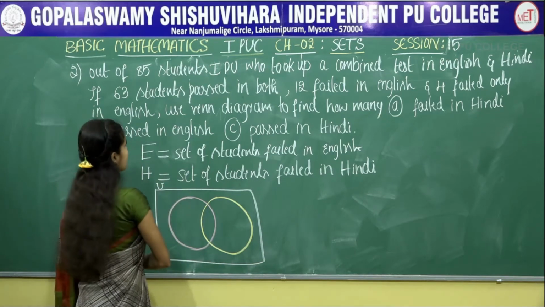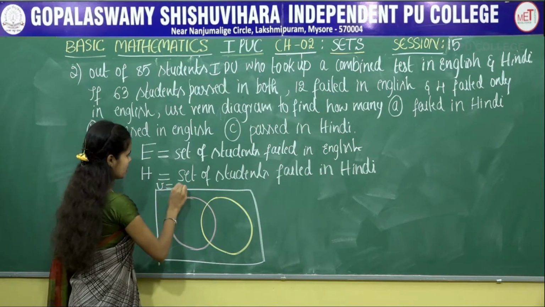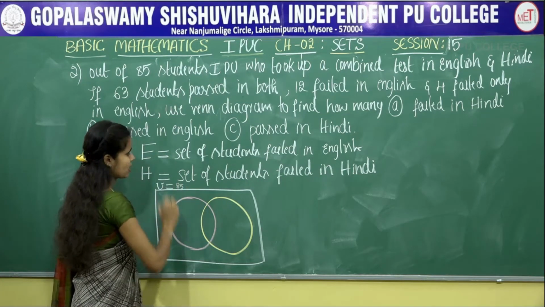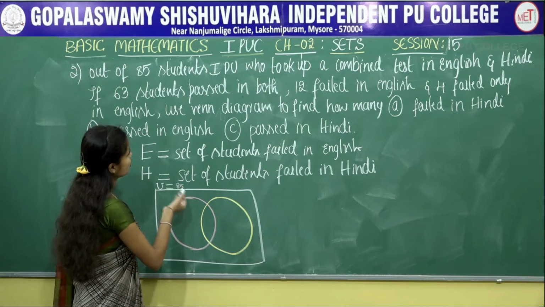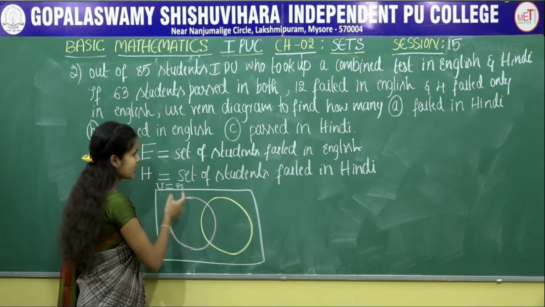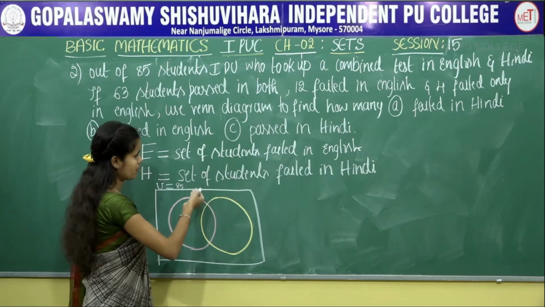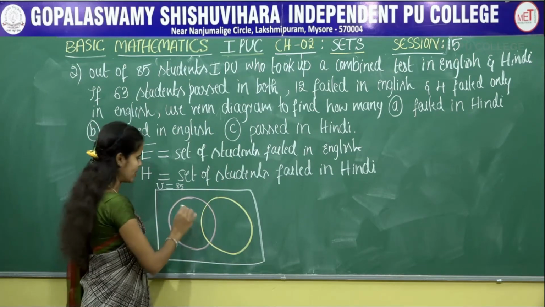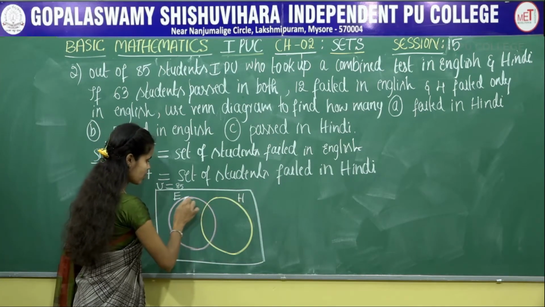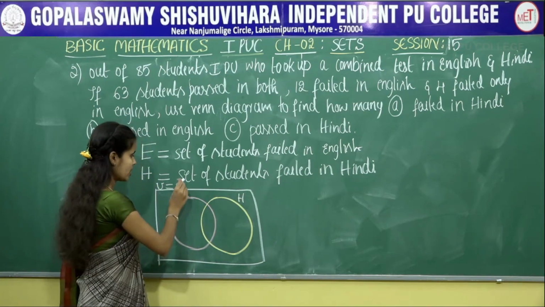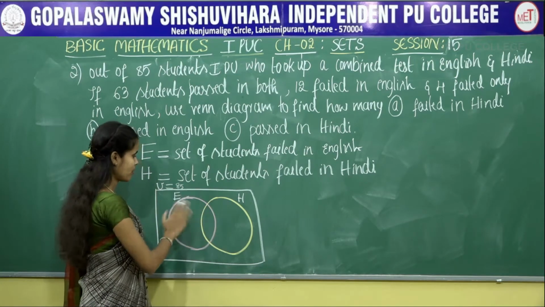Universal set. Okay, so here out of 85 students means this universal set is equal to 85. It is not equal to the union, because here the sets represent failed students. Some students passed and some students failed, so consider E and H. Here this circle represents only failed students.